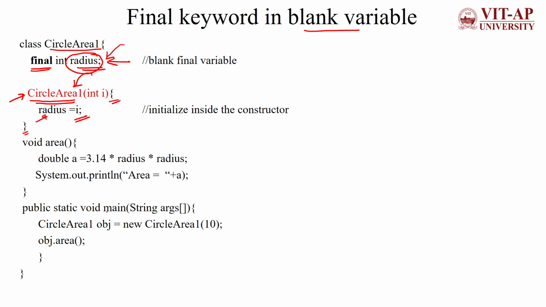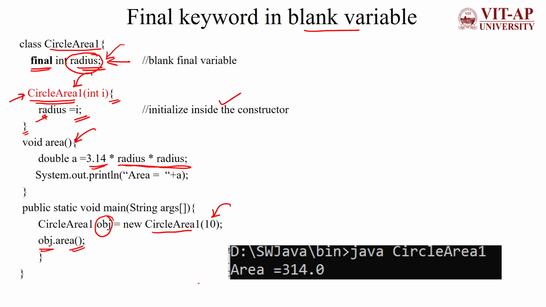Then we are declaring the object using the class name, CircleArea1, and passing the value 10. Then we call the area method, which takes the value 3.14 and the radius value. When you initialize like this, it will accept the value and the output will be 314 as per this program.